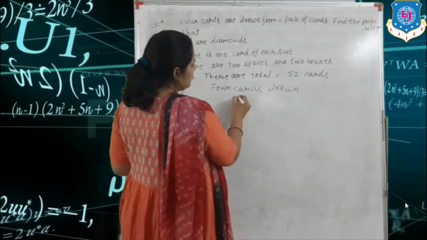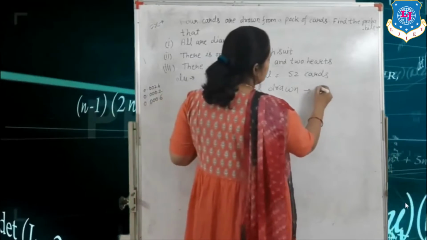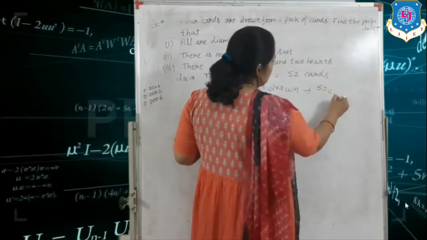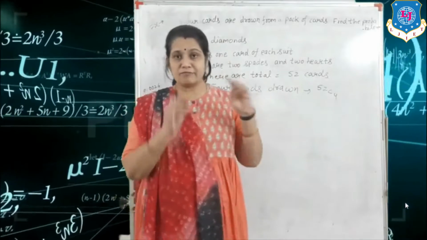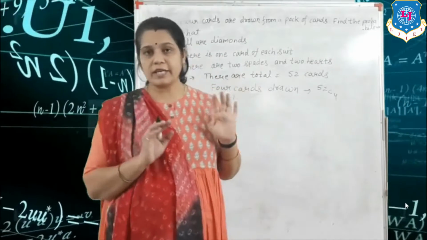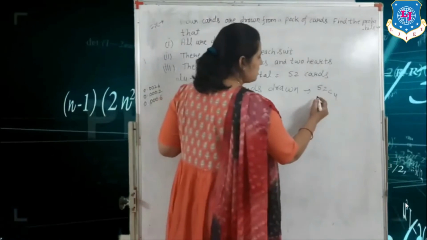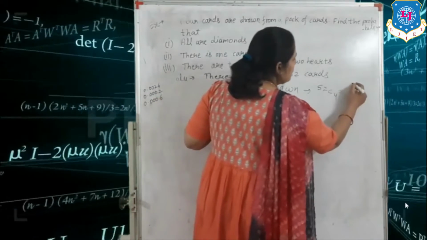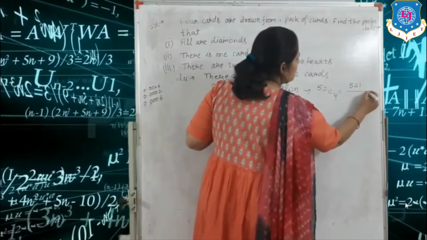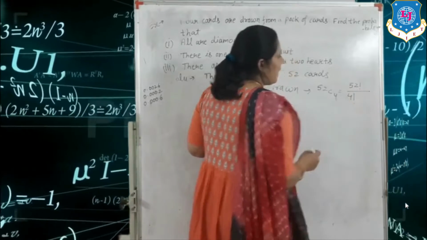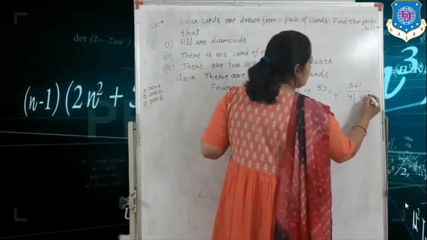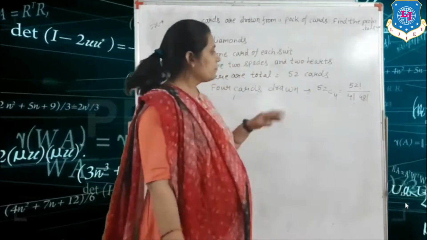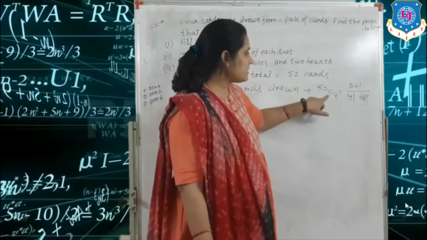Then we write 52C4. This is your total possible outcomes. How do we solve 52C4?